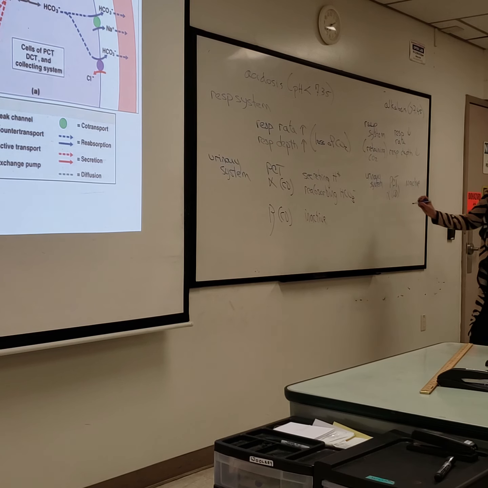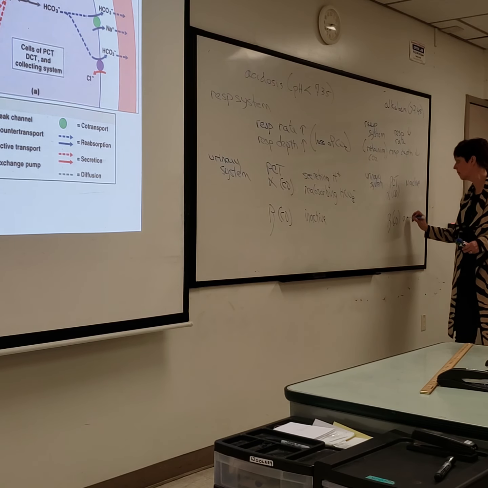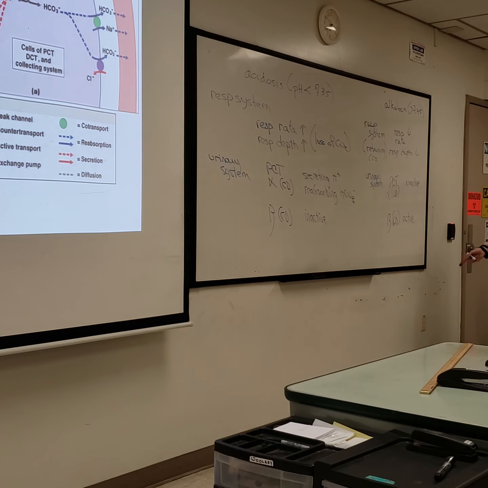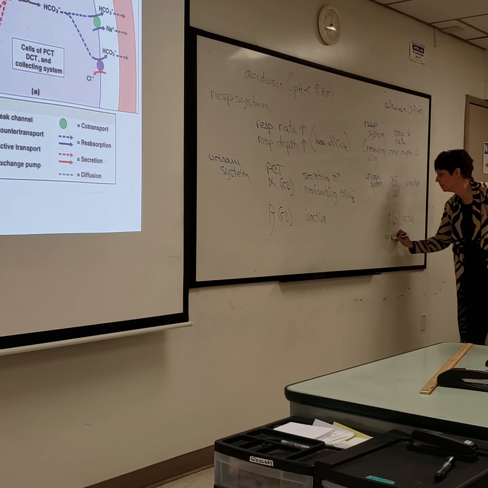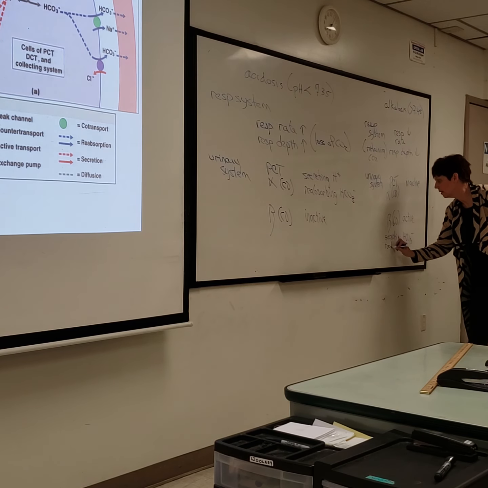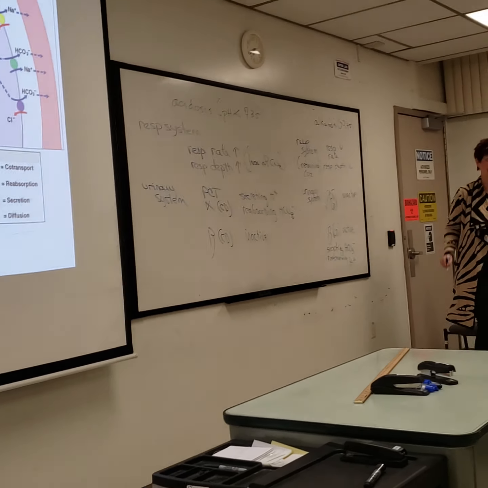But now the beta cells will be active. Okay? And they'll be getting rid of bicarb and retaining hydrogen ions. So this will be secreting bicarb and reabsorbing hydrogen ions. And that will lower our pH.